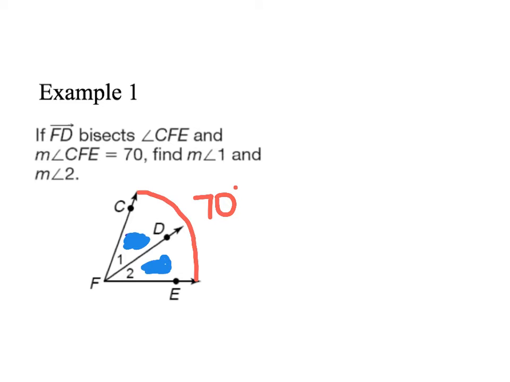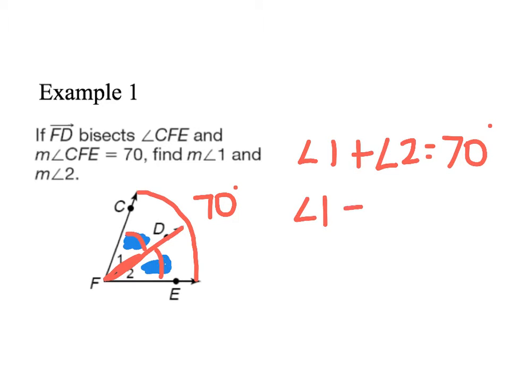It also says that FD, this ray here, bisects the angle. That means that angle 1 and angle 2 are the same. So if the entire thing is 70, that means angle 1 plus angle 2 equals 70. Since it bisects, it also means that angle 1 is congruent or equal to angle 2.